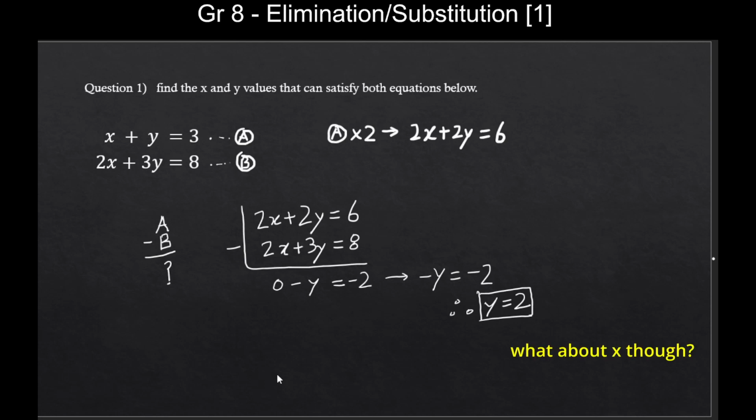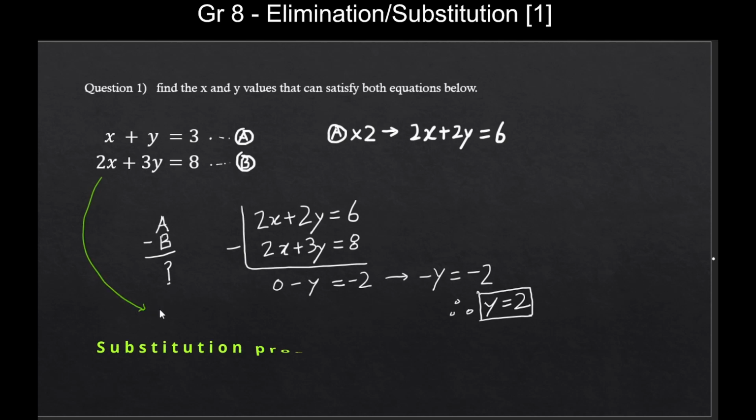But how about the x value? Oh, this is the easy part. Since now you have found the y value, just pick one of the equations here. Which one do you want? I'll choose maybe the second one, it really doesn't matter, and I'll show you why. So what I'm gonna do is I'm going to substitute y value. So I mean plug in the y values in the equation.